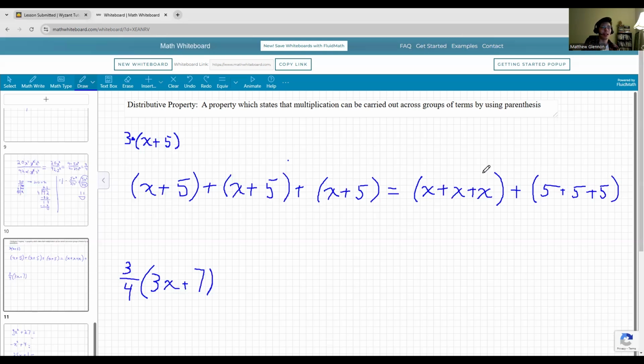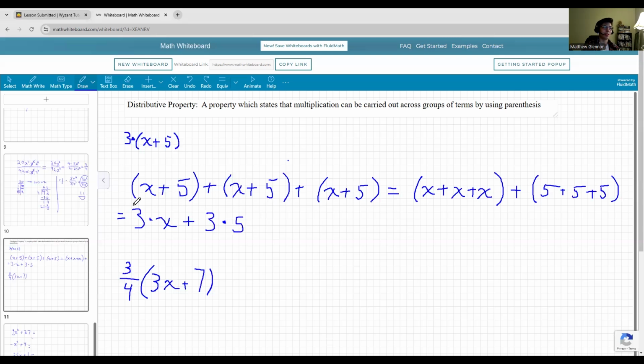And if we think about it that way, that means this first one is the same as writing 3 times x would be the same as x plus x plus x. And then we could say plus, since we have this big sign in the middle, 3 times 5, which is the same as 5 plus 5 plus 5.